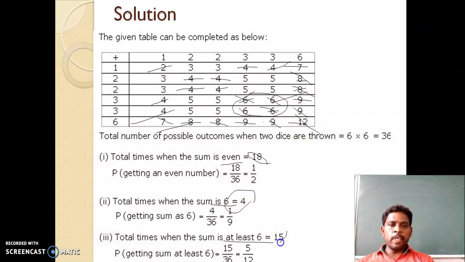So totally 15 numbers are available here, 6 and above. So 15 divided by 36. After simplification, we get 5 by 12. So this is the procedure to find the probability of the given subdivisions. Let us continue from the next video.